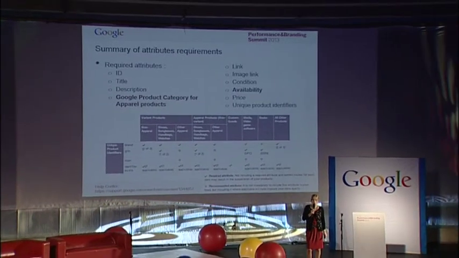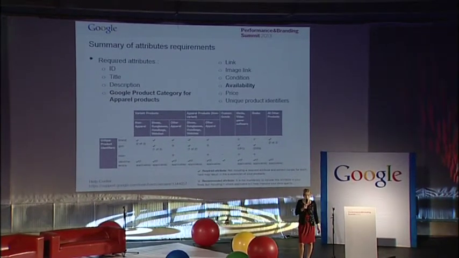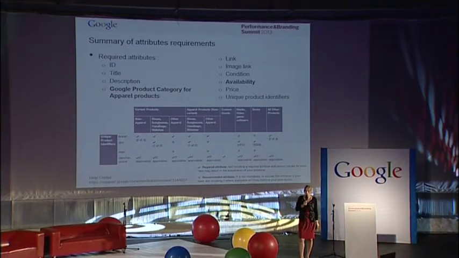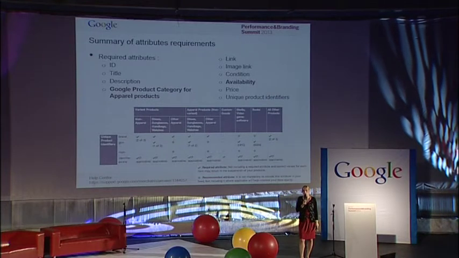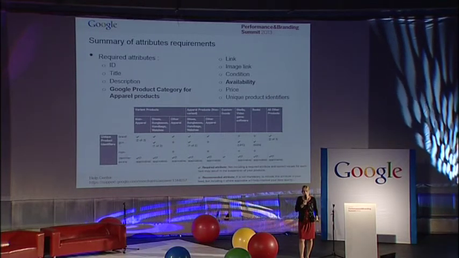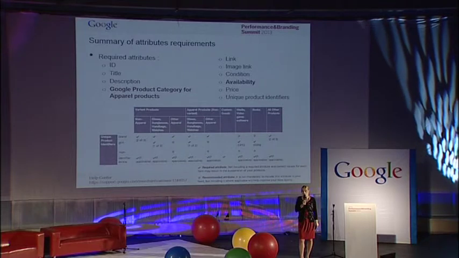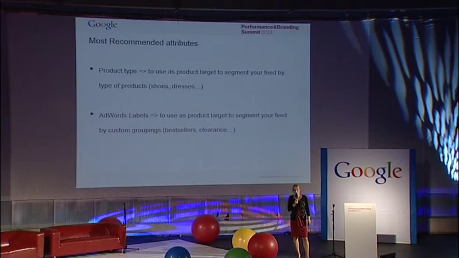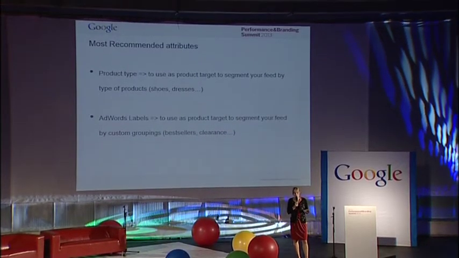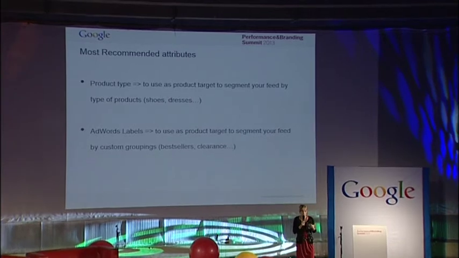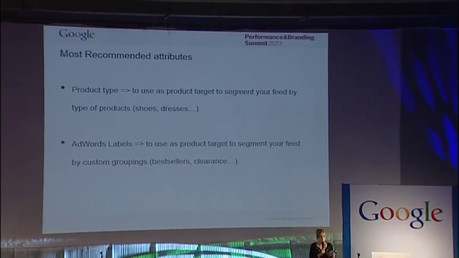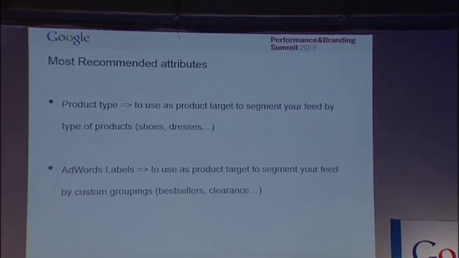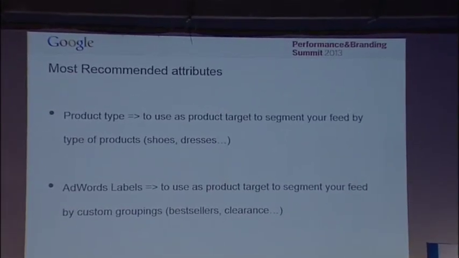So there's a few optional attributes that are worth mentioning, and one is the product type. Product type is an attribute that you can use in your feed to put your own classification of type of products, and that we'll see later on can be used to structure your PLA campaign in AdWords.